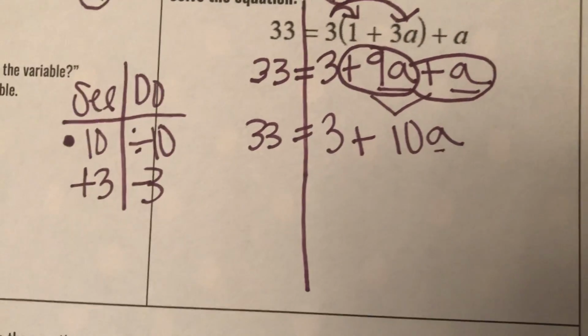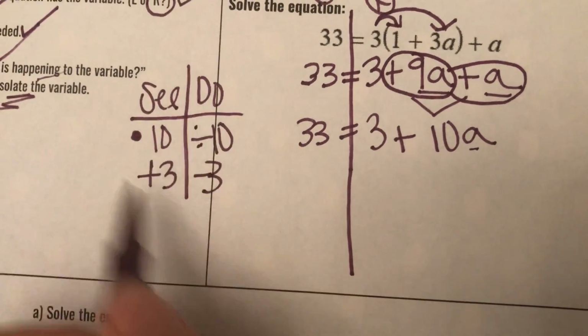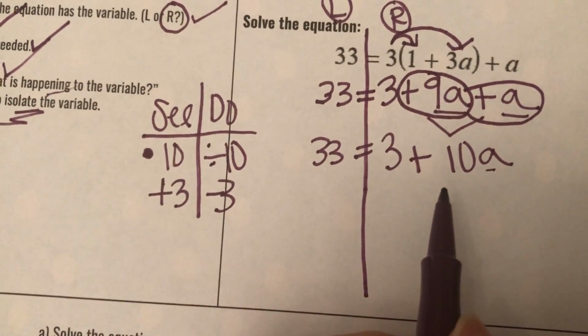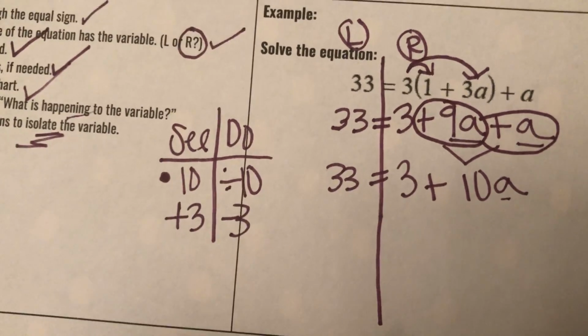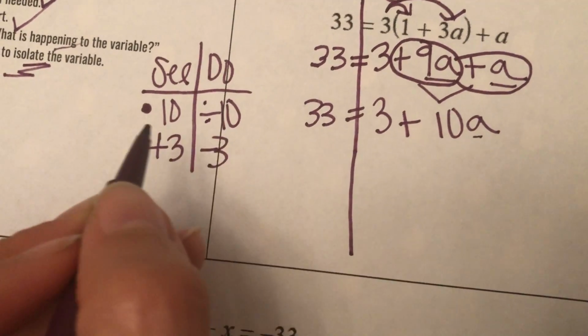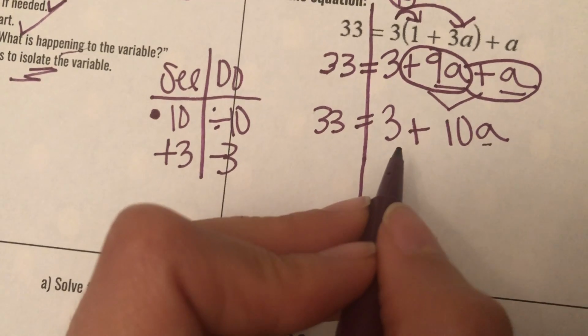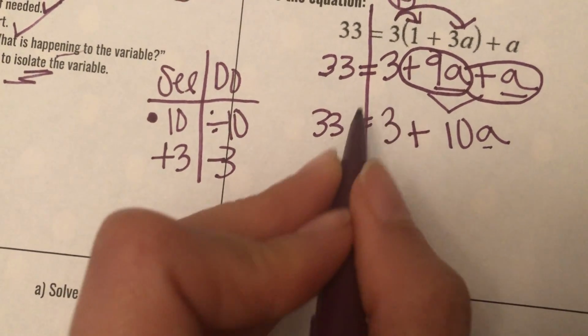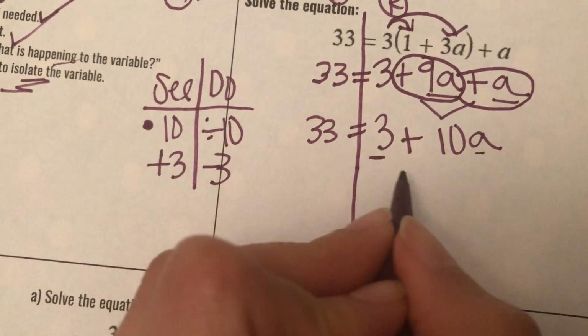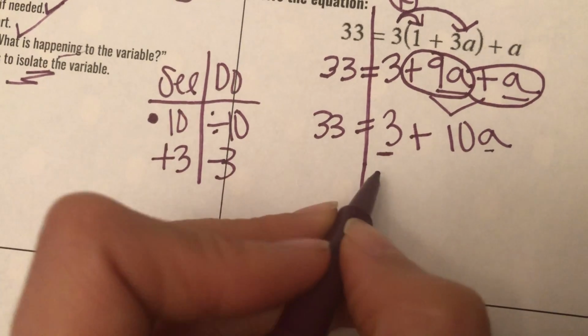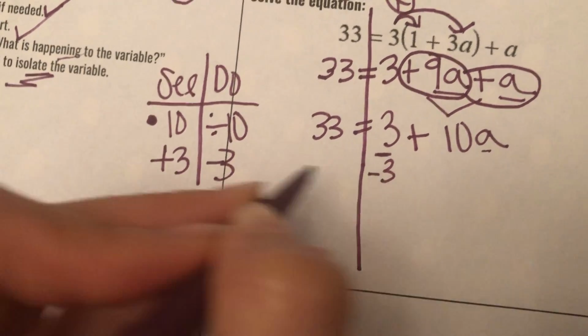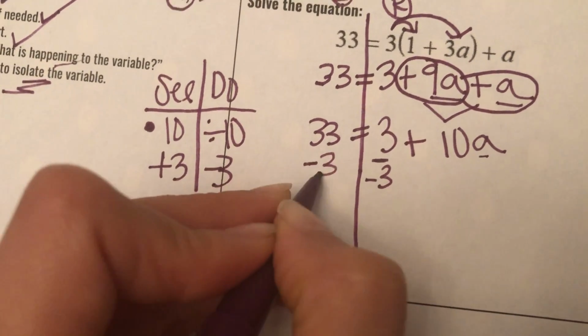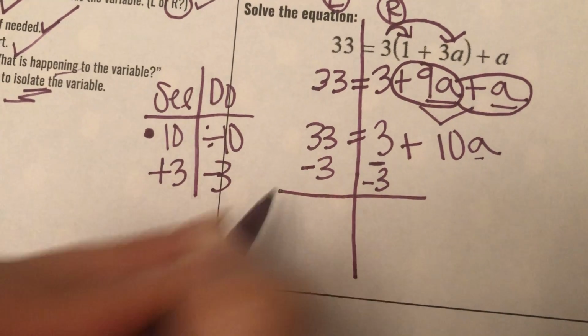And I'm going to go back to my equation. So here's my see-do chart right here. Here's my equation. And I'm going to use these inverse operations to solve for a. So first things first, I need to start with this 3. I need to start here first. So I'm going to subtract 3 on the right side and subtract 3 on the left side.